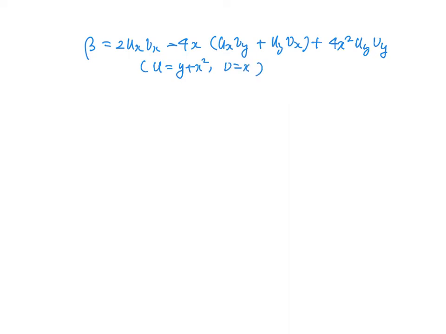Then any partial derivative of v by y is 0, right? So this will be 0, and this will be 0.